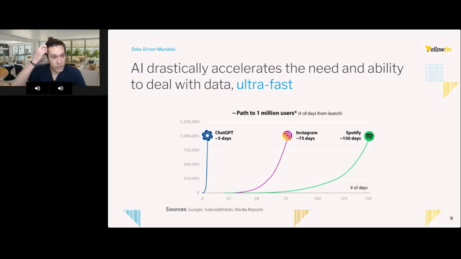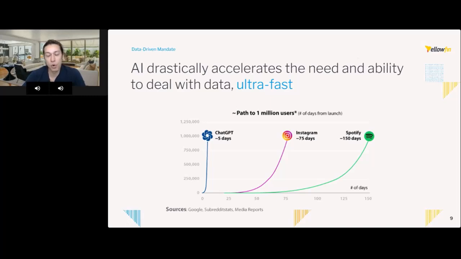This is a really interesting graph about 3 different data companies that I'm sure you're familiar with. Spotify, which was founded in 2006, took about 150 days, about half a year, to reach a million users, which is in itself incredible. But you can see Instagram took half that time.